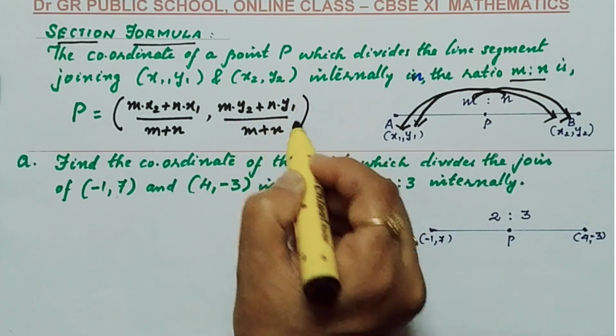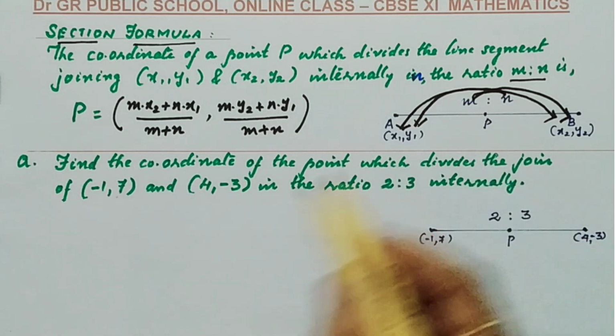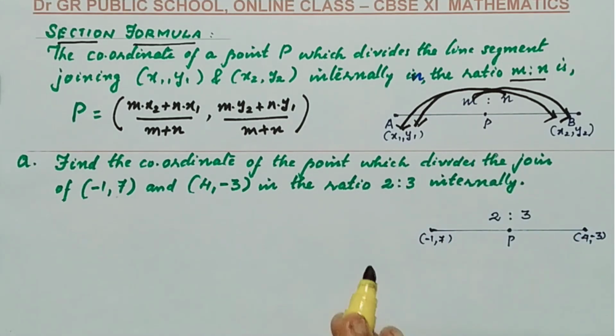This is the section formula to find the coordinate of the point P. While doing problems, I think it is easier if you draw the figure and work looking at that, rather than by-hearting the formula.